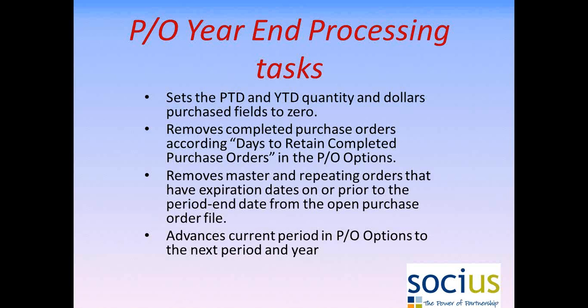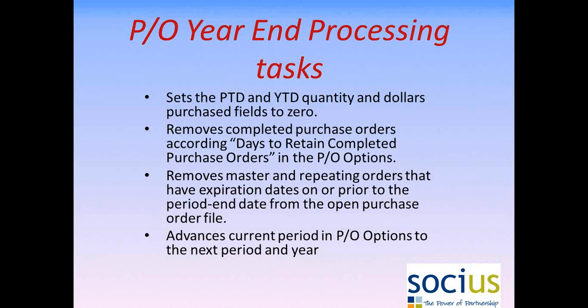It will remove completed POs from the purchase order entry files according to a setting in the purchase order options called days to retain completed purchase orders. It removes master and repeating orders that have expiration dates on or prior to the period end date, and it advances the current period and year in the purchase order options to the next period.